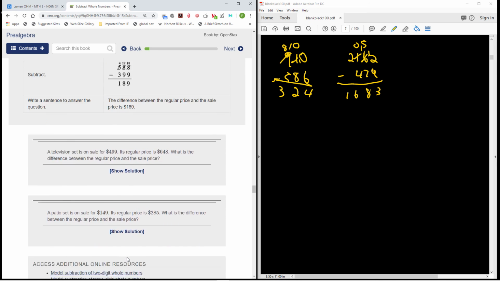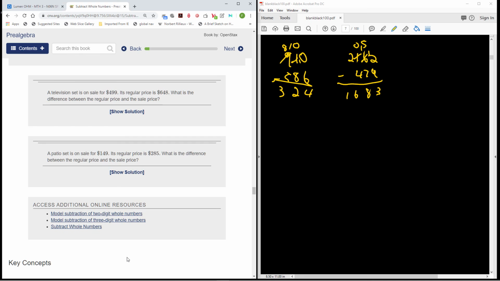Now there's one other type of problem I want to show you. Sometimes you may have a number like this. 10,000 minus, let's see, minus 5. So I cannot take away 5 from 0, so I have to borrow.